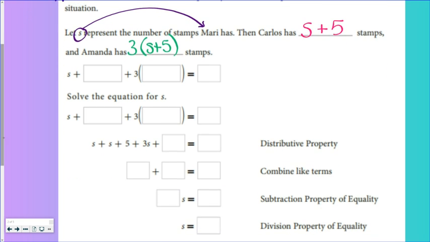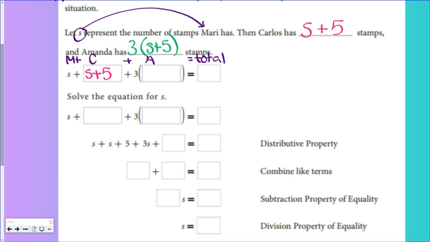So how do we put all of that into an equation? Well, they told us that there was a total of 100 stamps. So because there's a total, we know we're going to have to add Mary plus Carlos plus Amanda, and that's going to equal the total number of stamps they have. Well, we know Mary is S. Carlos, we said, was S plus 5.